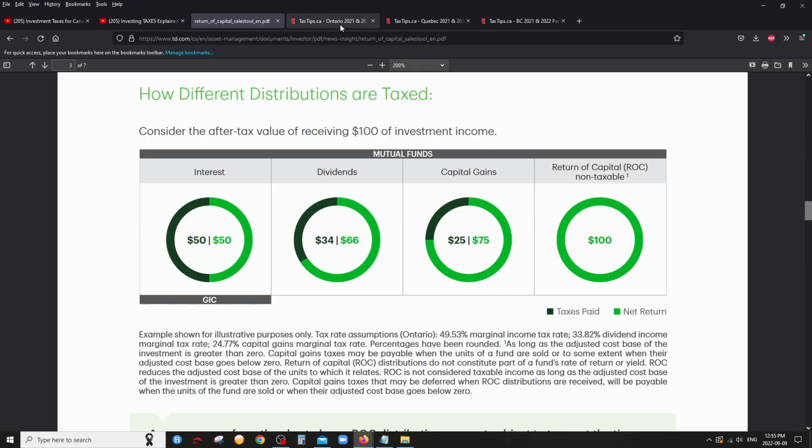So this is the first thing we need to understand. Now that you understand the three categories: interest, which is the worst, eligible dividends, and capital gains. Of course, there's ROC, but we'll put ROC with capital gains just to make things simple. So now the $1 million question is, what's better, capital gains or dividends in a cash account? The answer is it depends.